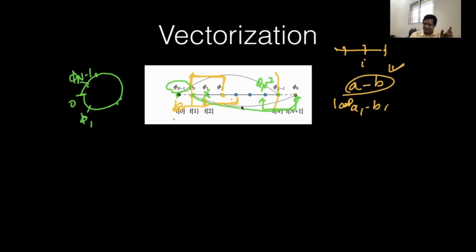So my real array is going from f0 to f n plus 1. f0 contains phi n minus 1, f n plus 1 contains phi 0, and f1 contains phi 0 actually. And we need to copy. After the step, you just make sure that this value here is the same as this value here, and this value is the same as that value.